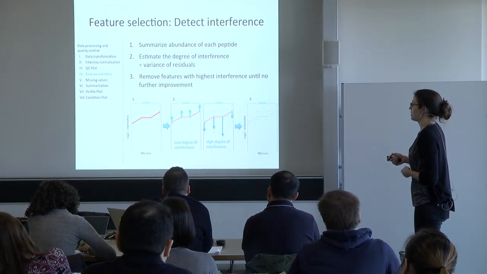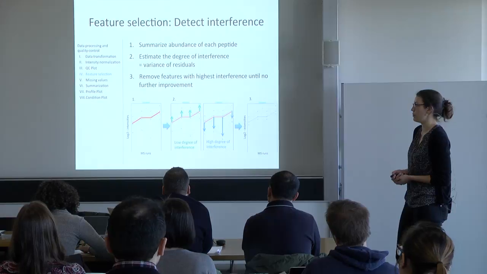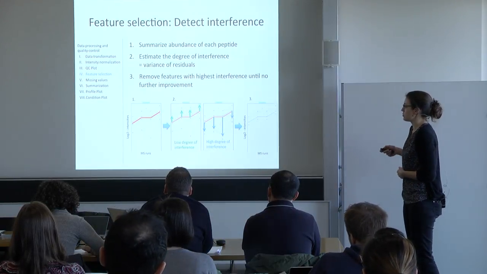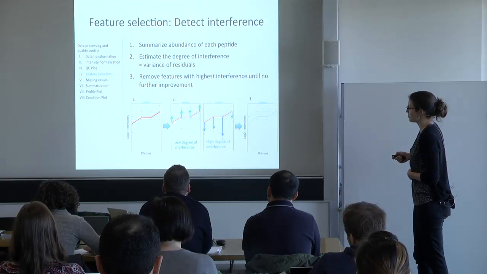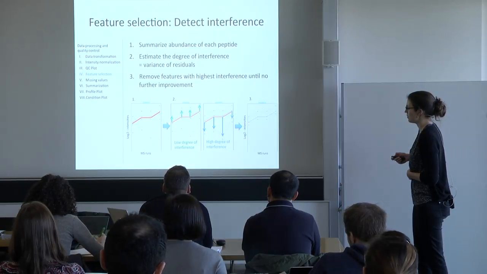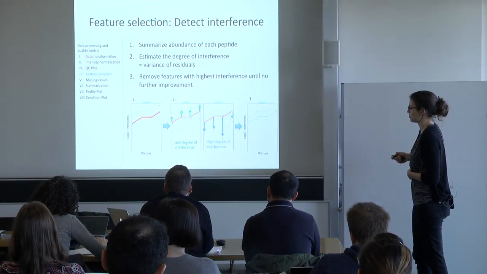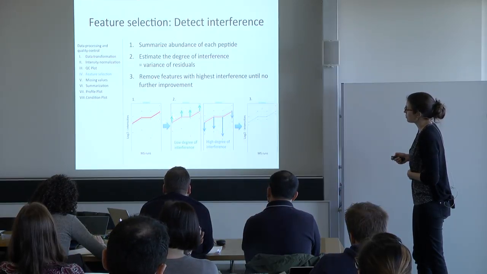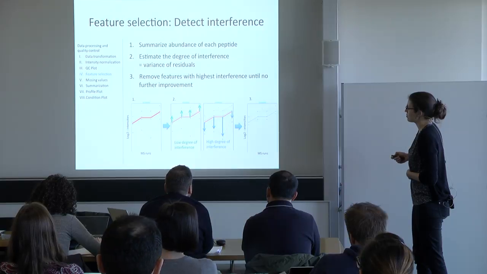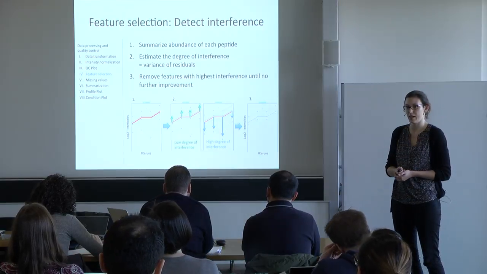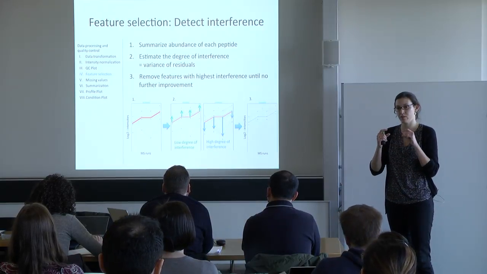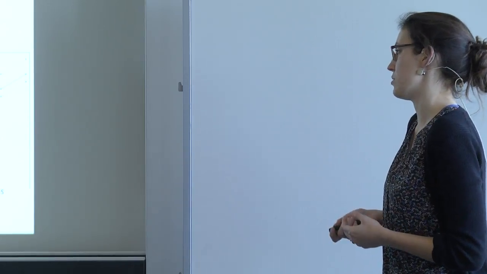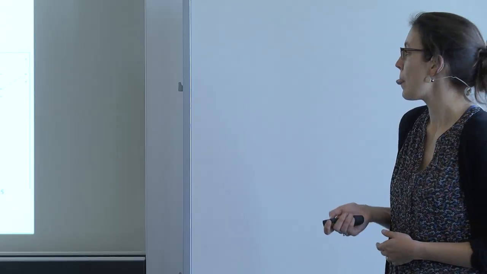Then you can estimate the degree of interference by the variance of the residuals. This means that you calculate the difference of the summarized peptide intensity to the measured fragment ion intensities, and here you can see that all those arrows are roughly the same size, so the variance between those residuals is very small, and thus there's a low degree of interference.